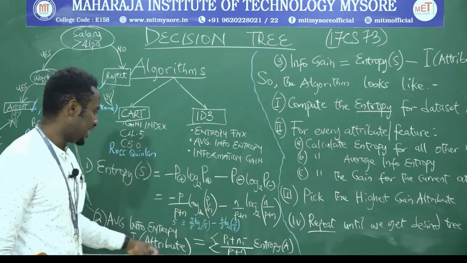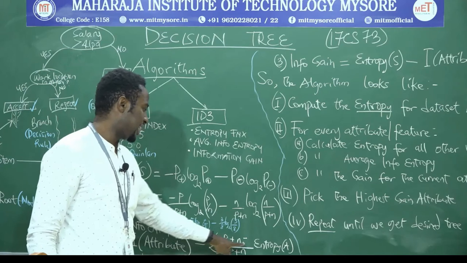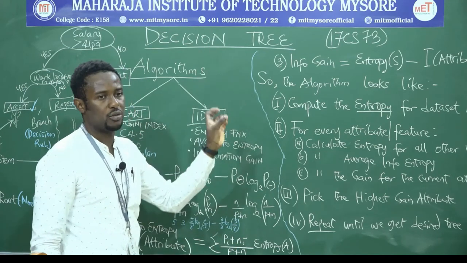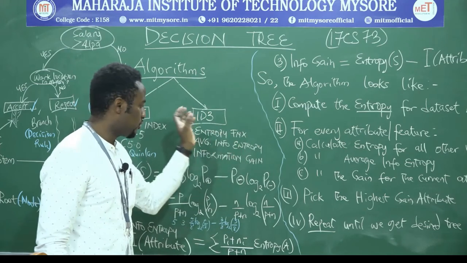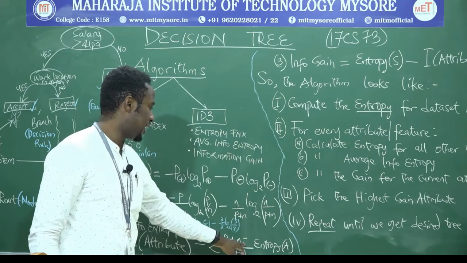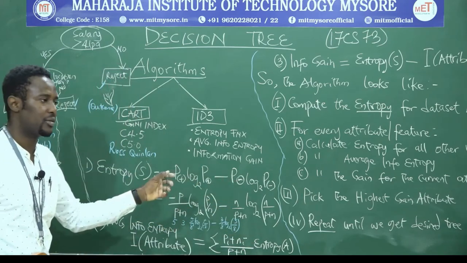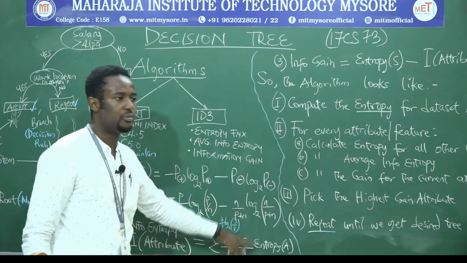We will expand that later. Please remember, P of i and N of i refer to that attribute, like in the bigger table we have made a smaller subset or smaller table. From that smaller table, the P and N of i become the P and N of that smaller subset.